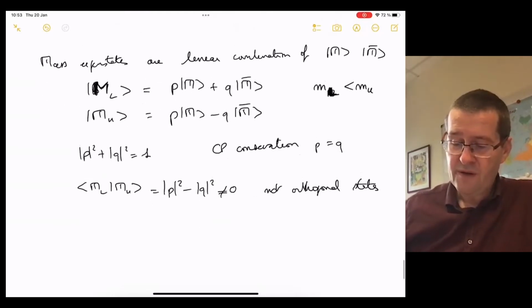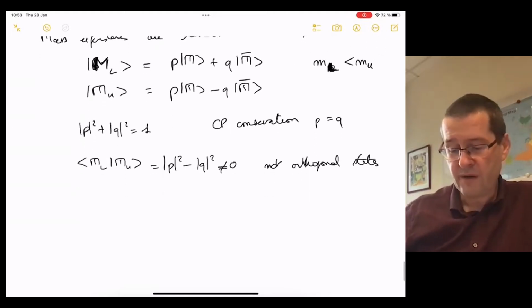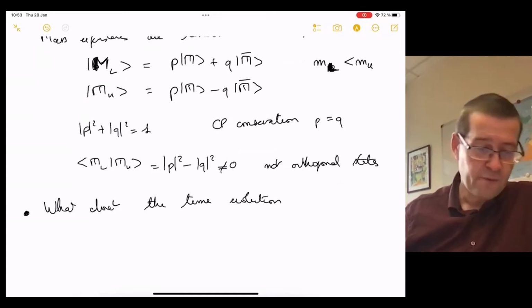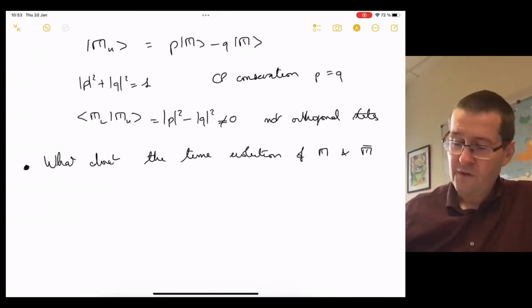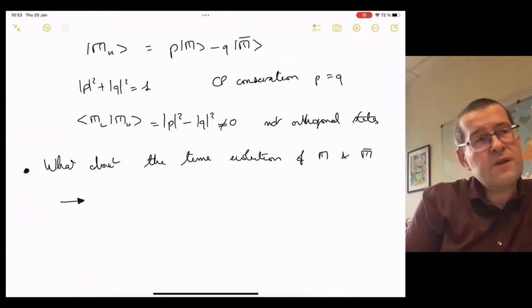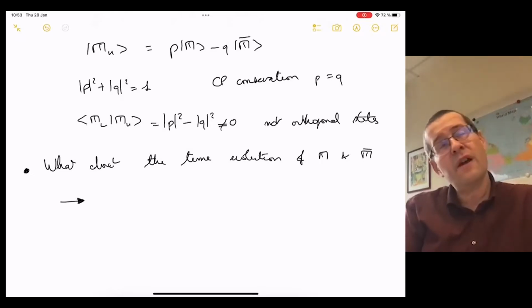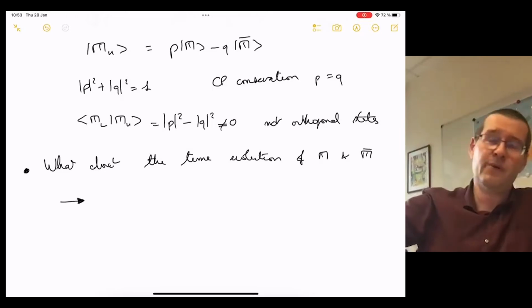And so now that you have this, you say I've got mass eigenstates, I can try to use this information in order to describe the time evolution of the system of M and M bar. One customary way of dealing with this is to simplify the discussion, because what I've highlighted already is that you've got production at some moment, evolution, then certainly a decay at some point.